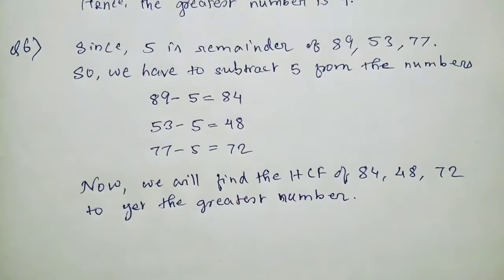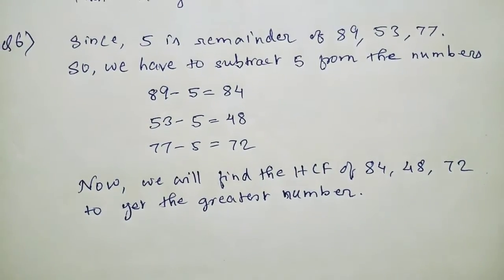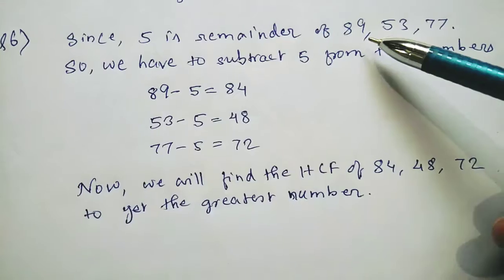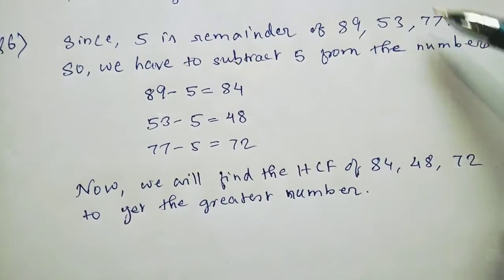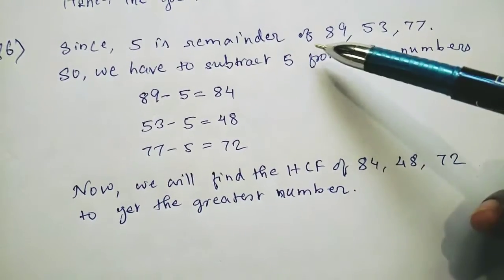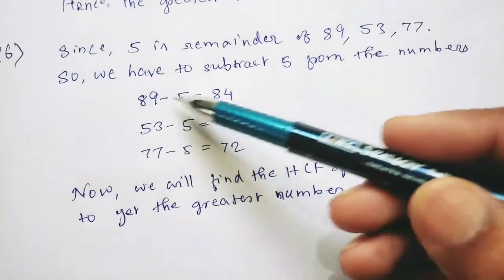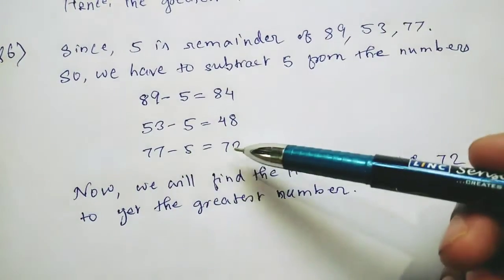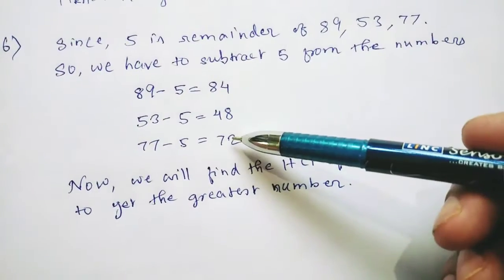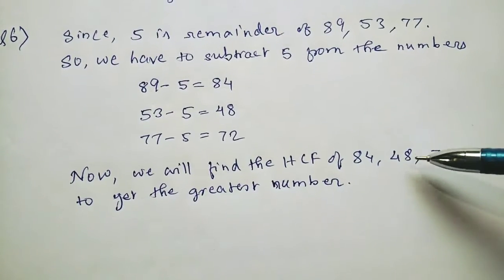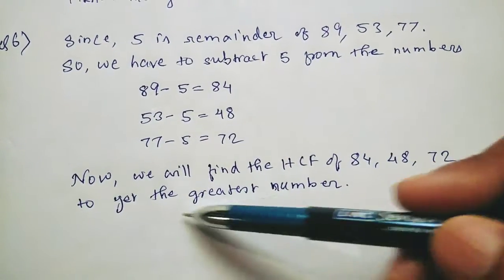Since 5 is the remainder of 89, 53 and 77, we have to subtract 5 from the numbers. 89 minus 5 is 84, 53 minus 5 is 48, 77 minus 5 is 72. Now we will find the HCF of 84, 48 and 72 to get the greatest number. Understood?